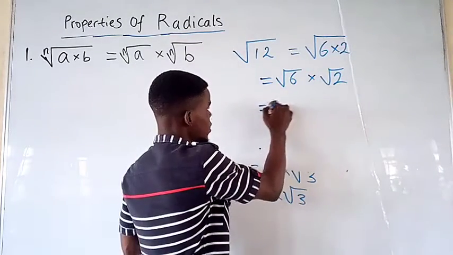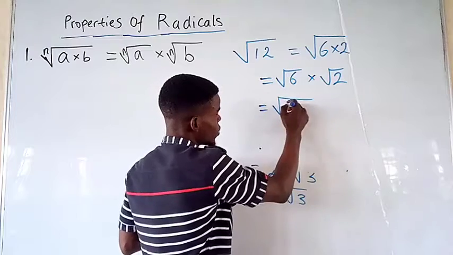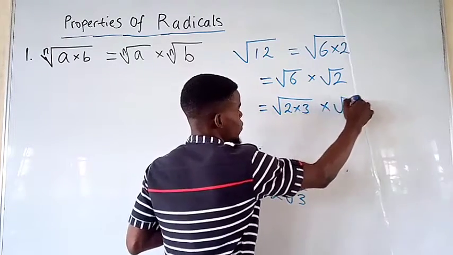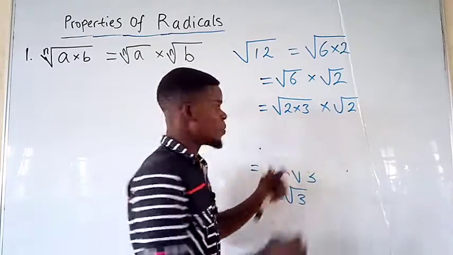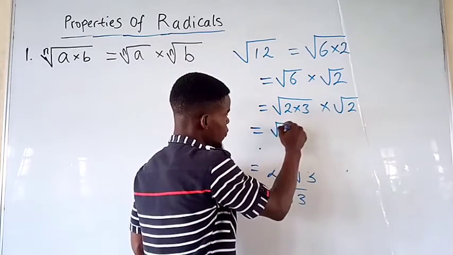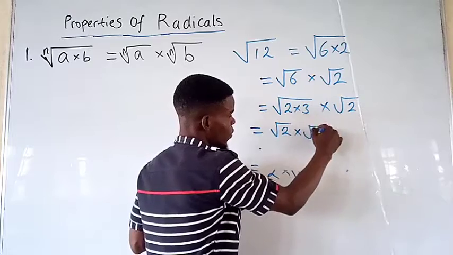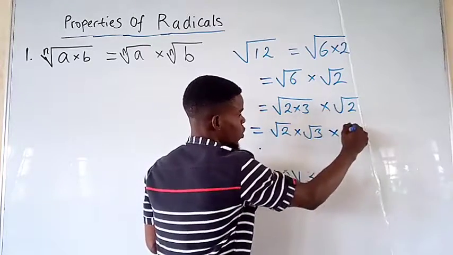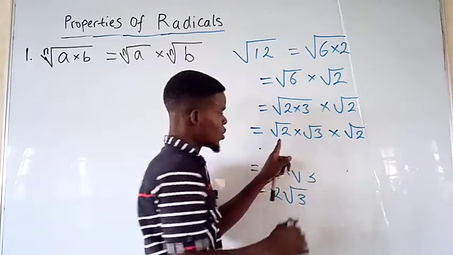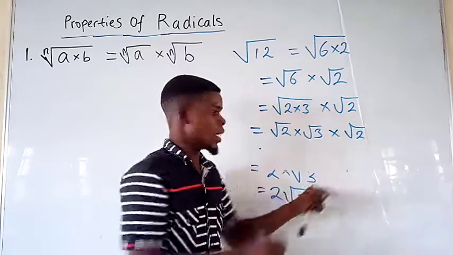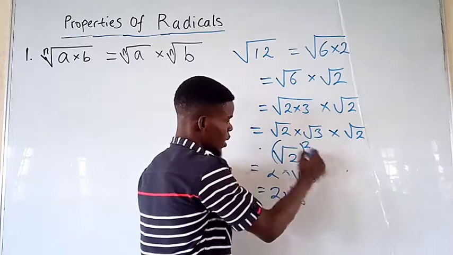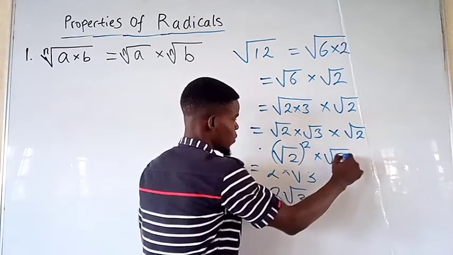Now, you see that 6 can be written as 2 times 3, and then we multiply with the square root of 2. Again, we are going to split this up. We're going to have the square root of 2 times the square root of 3 from this law, and we multiply with the square root of 2. So this is the square root of 2 times the square root of 2, that is the square root of 2 squared, multiplied with the square root of 3.